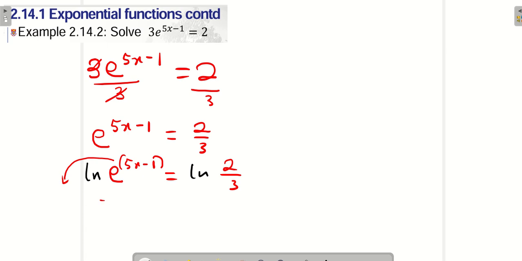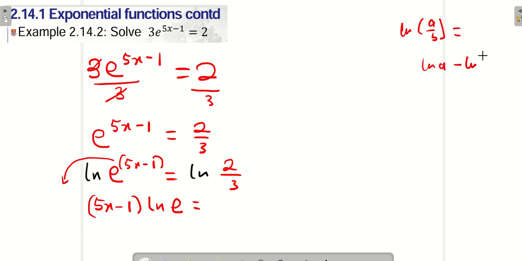So it's going to be 5x minus 1 multiplying ln e should be equal to, here per the laws of logarithm, if you have ln a over b, it is the same as ln a minus ln b. So we apply the rule here as ln 2 minus ln 3.